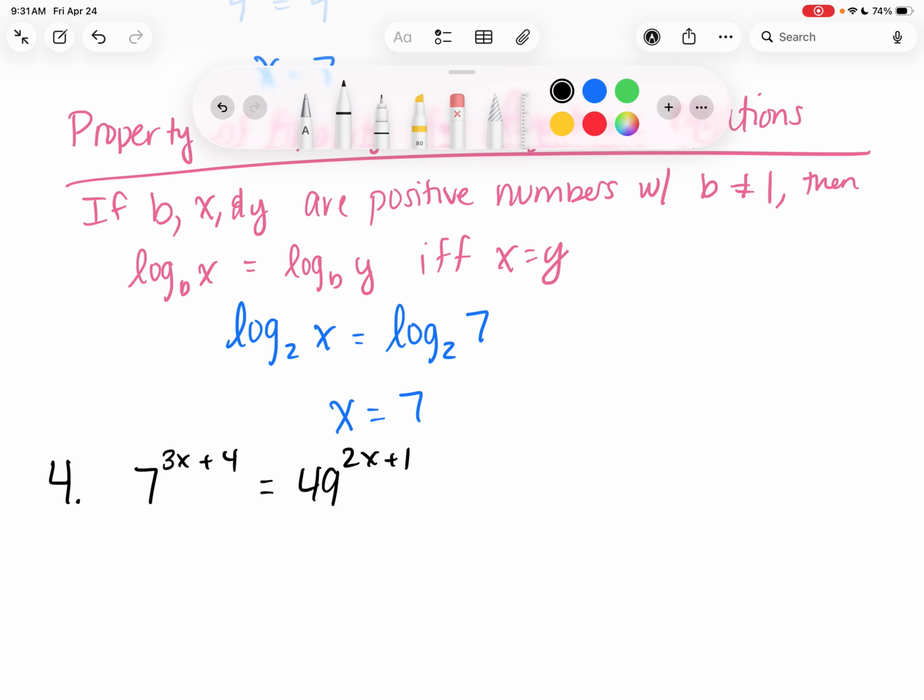Is one of these able to be rewritten as a power of the other one? Yeah. Which one? 49. Yep, so I can write this as 7 squared. So over here I have 7 to the 3x plus 4 is equal to 7 squared to the 2x plus 1.